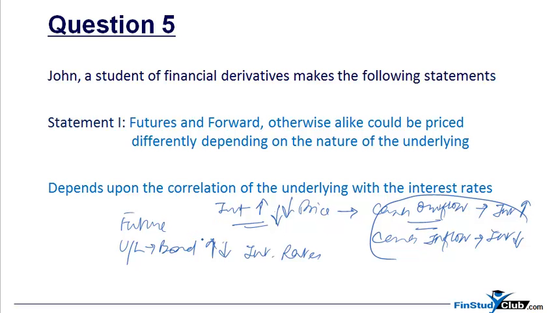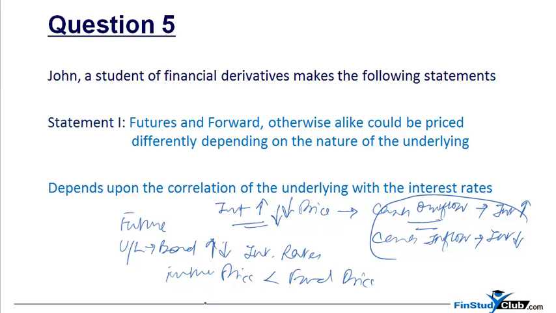I might be willing to pay a slight premium as far as the forward is concerned, so that creates a situation where the future price could actually be lower than the forward price, and that would happen when interest rates and the underlying of the future and forward are inversely related.